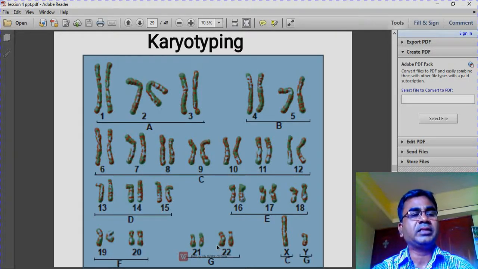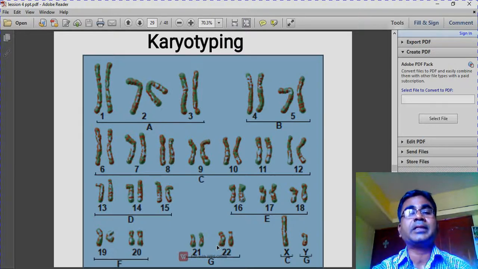What are the applications of karyotyping? Why do we have to do this procedure? First, it helps in gender identification. We can identify whether the person is male or female.